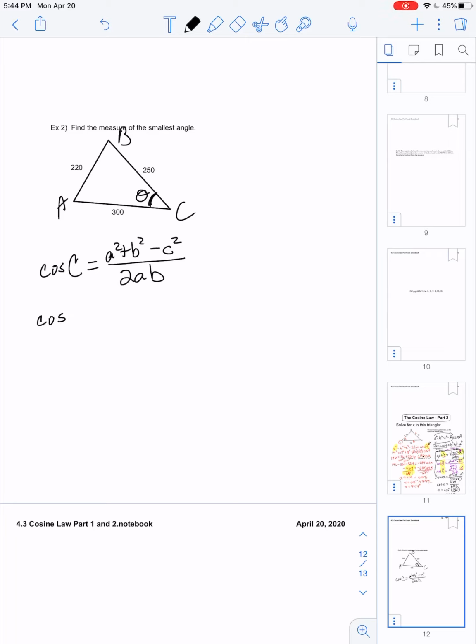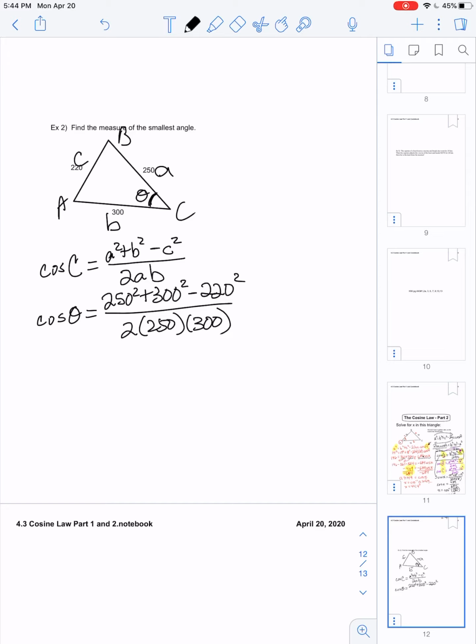So cos of theta equals, this is side A, this is side B, this is side C. So 250 squared plus 300 squared minus 220 squared all over 2 times 250 times 300.